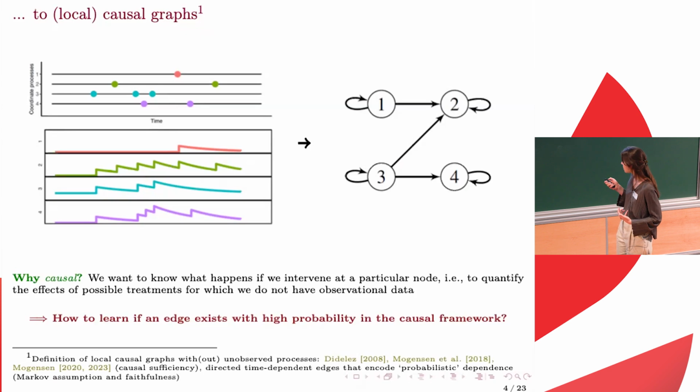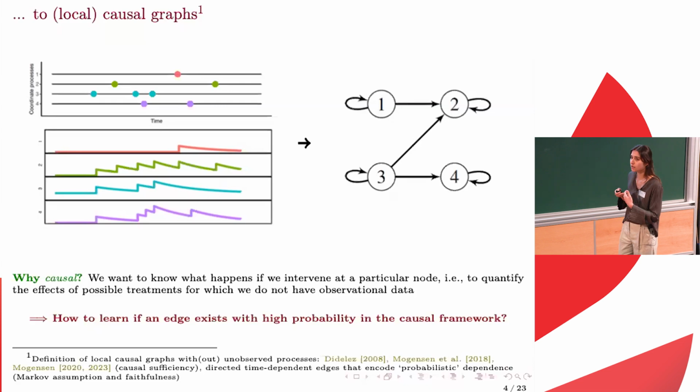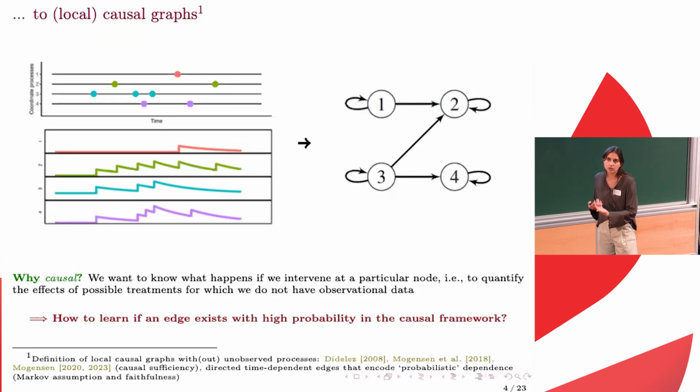And why do we care about causality in this setting? We would like to know what happens if we intervene at a particular node, to quantify the effects of possible treatments for which we do not have observational data. And so the question that we ask in this project is how to learn if an edge exists with high probability in the causal framework.